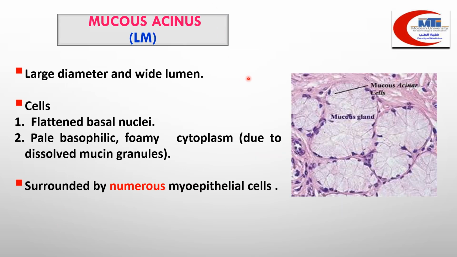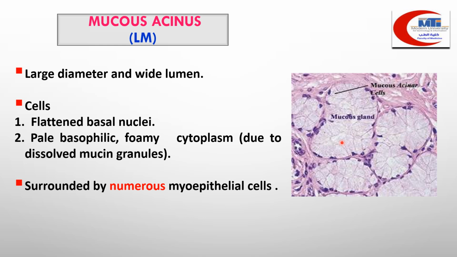Now let's know the structure of the mucus acinus. Mucus acinus is formed of a group of glycoprotein secreting cells. Mucus acinus has a large diameter and wide lumen. These cells have flattened basal nuclei and pale basophilic foamy cytoplasm due to dissolved mucin granules, so it appears as foam.